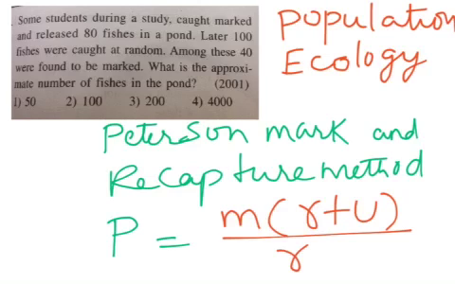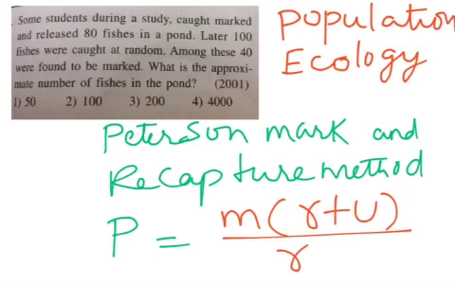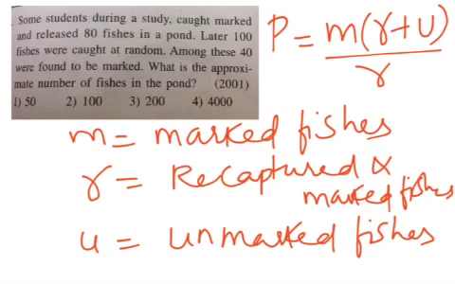The principle is P equal to M into R plus U by R. In this, M equal to marked fishes, R equal to recaptured and marked fishes, U equal to unmarked fishes.